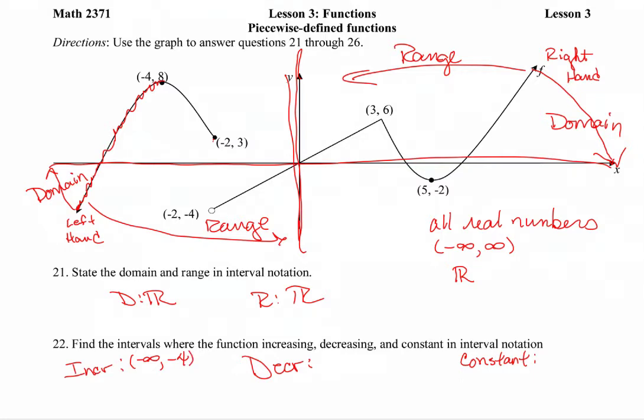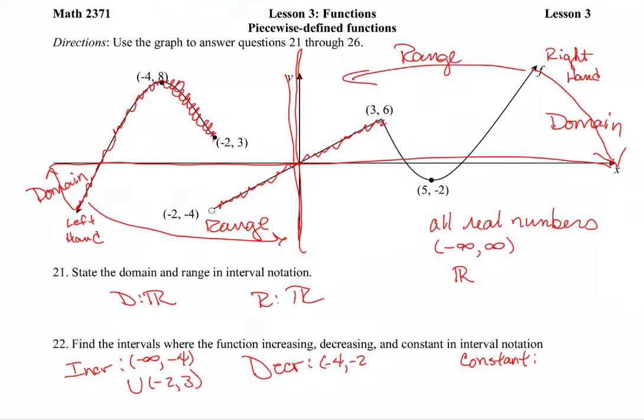Okay? Now I'm going down. So I am decreasing from negative 4 to negative 2. Now I'm increasing again. So I'm increasing from negative 2 to 3. So I'm going to put the union symbol, which is just a U without the tail, from negative 2 to 3.